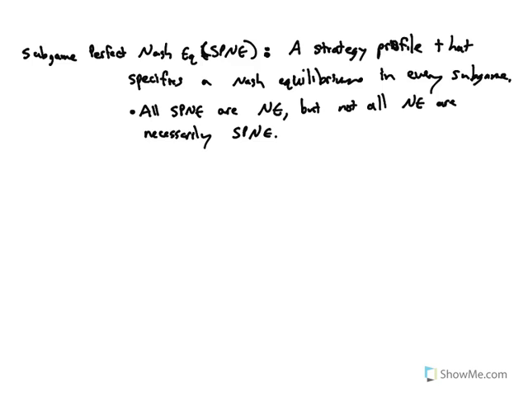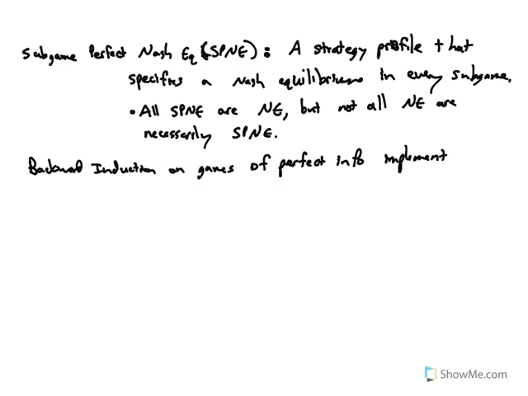Okay? And so, of course, with games of perfect information, backward induction on games of perfect information implements a SPNE.